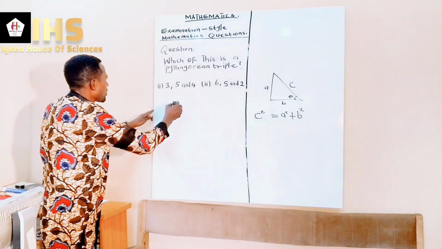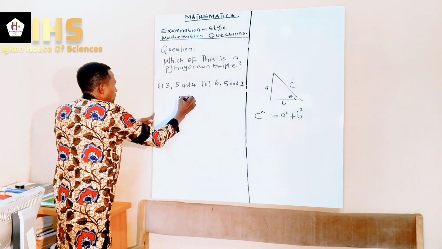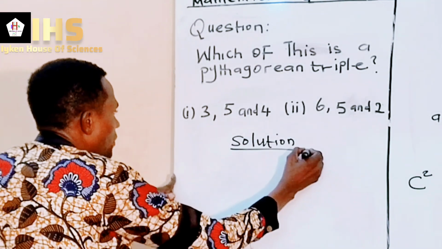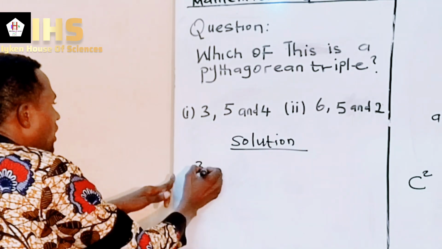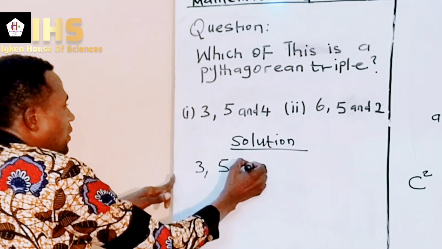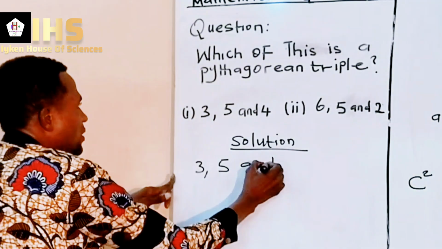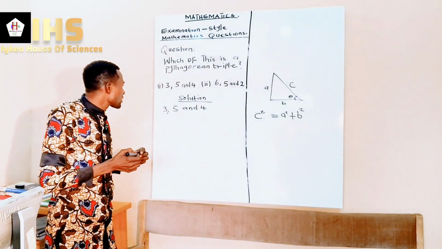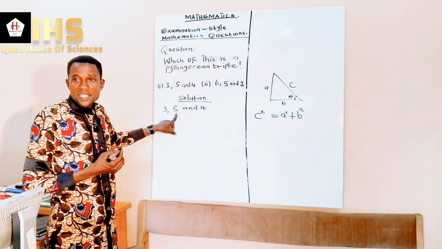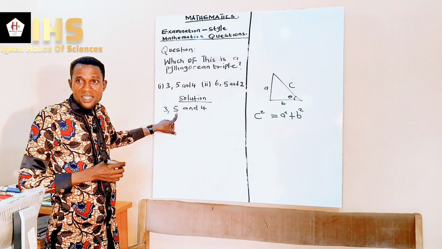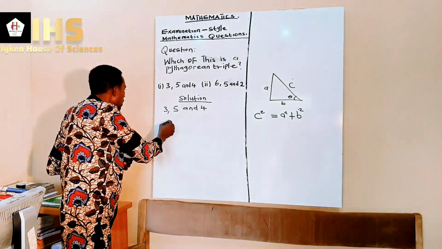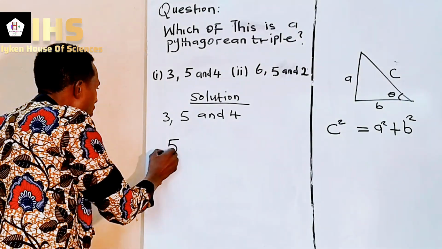Now, in solving, we have 3, 5 and 4. Looking at these three numbers, 5 is greater than them all, so it is the greatest of the three numbers. So, we'll isolate it.